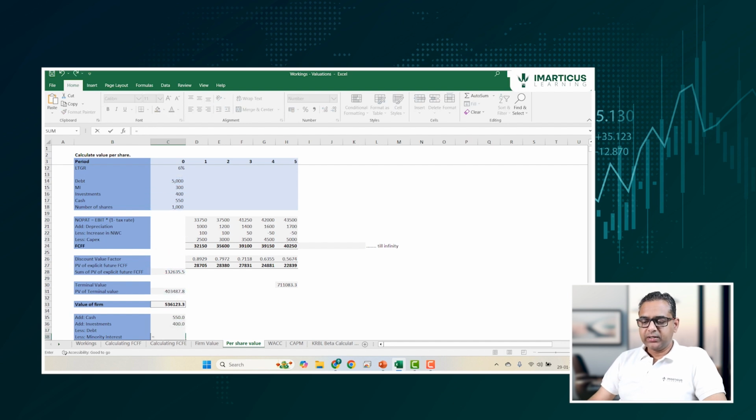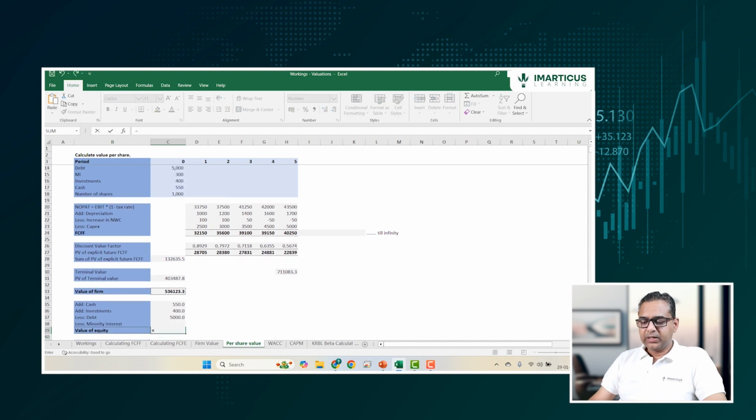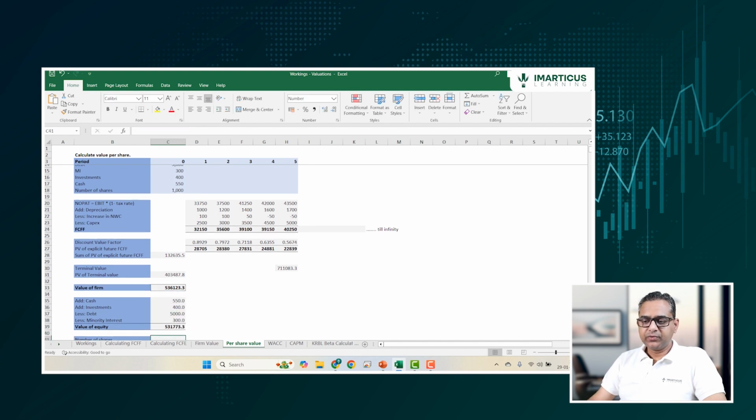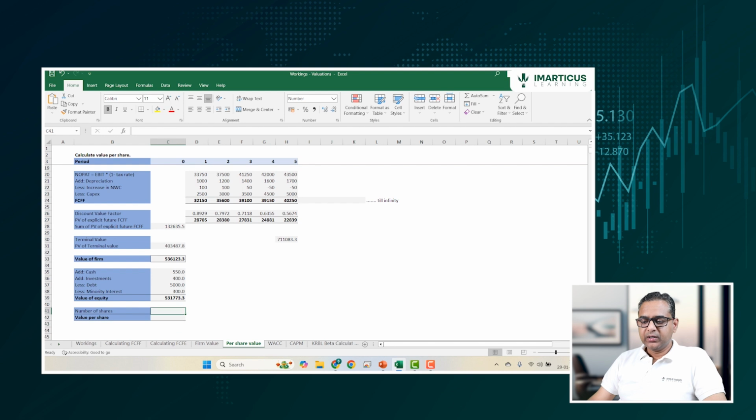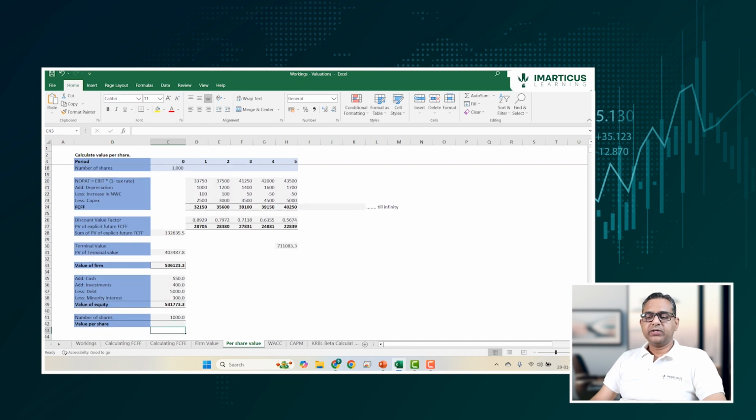So this is how we'll get the value of equity: value of firm plus cash plus investments minus debt and minus minority interest. So from here we will divide it by the number of shares outstanding. We have to calculate the value per share. Right? So this is how we can get to equity value per share.